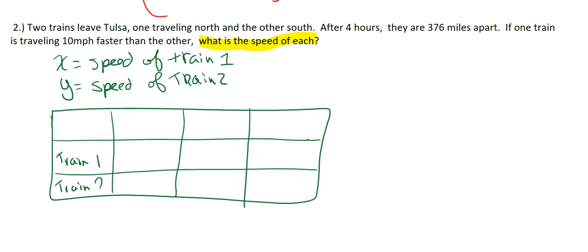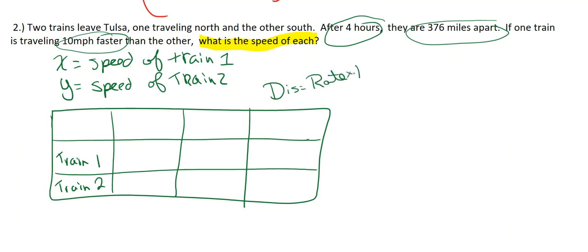And if you think about what's really being talked about here, it's talking about time, it's talking about a distance, and it's talking about speed. And you may or may not know, but we use the formula distance equals rate times time.